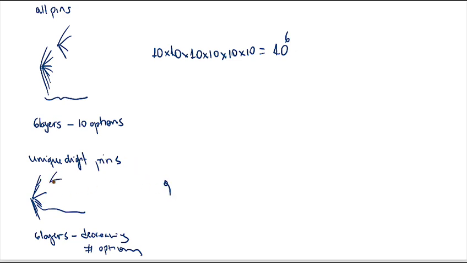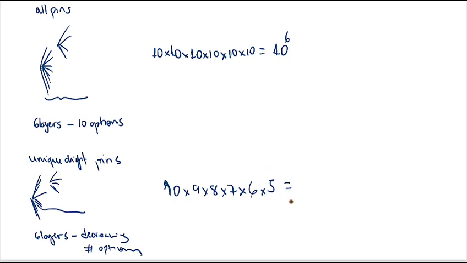Then in the second layer, you can't reuse the first, so you will have 9. Then 8, then 7, then 6, and then 5, right? So first layer, second layer, third layer, fourth layer, fifth layer, sixth layer.